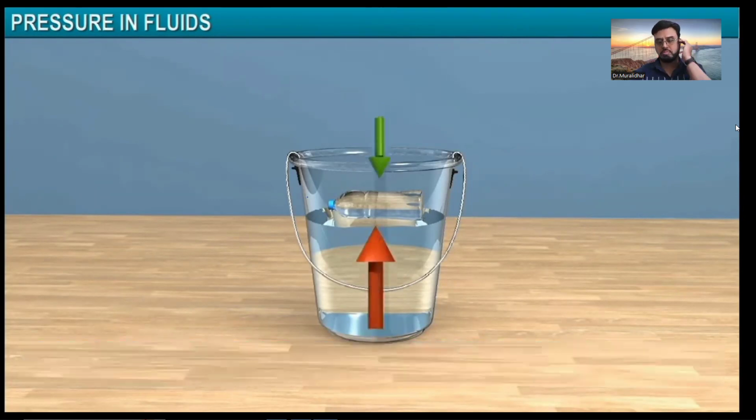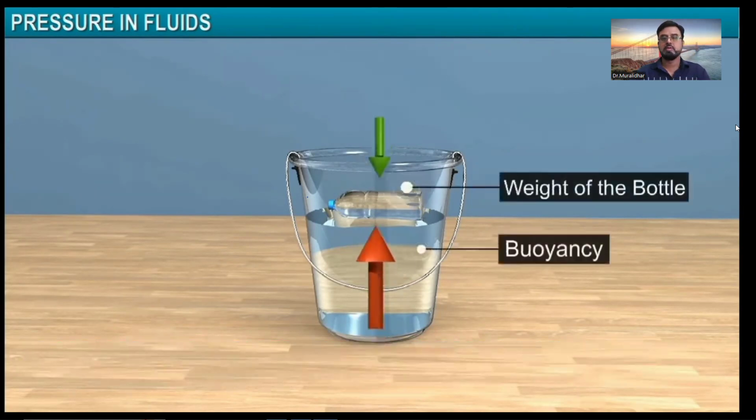Hence, the upthrust on the bottle is greater than the weight of the bottle. Due to this, the empty airtight bottle is pushed upward when we try to immerse it completely in water. Therefore, the glass bottle floats on water.